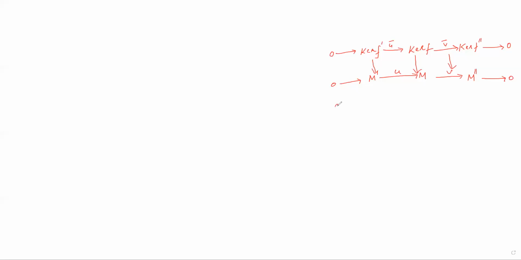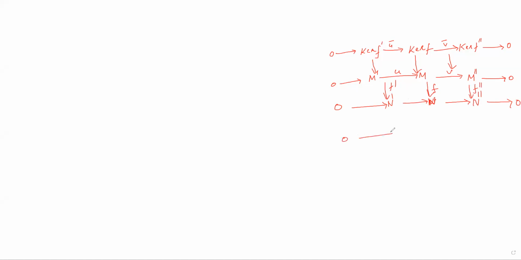Now 0 to n dash to n to n double dash to 0. So this mapping is f dash, this is f, and this is f double dash.